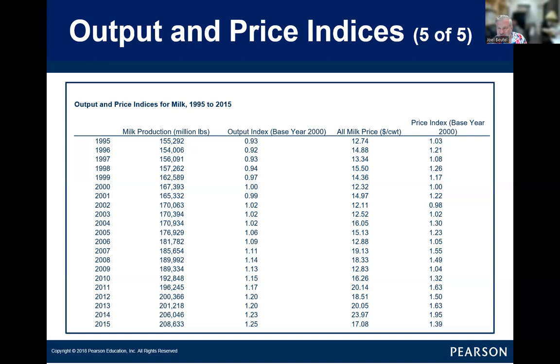So if we go to that data point, where was I looking? Where we end up in 2001 at 14.97, 2002, 12.11, 12.52. What we can see here is that because price is low, what's really happening to our output? Is there an incentive for producers when price is going lower or staying low to produce more?